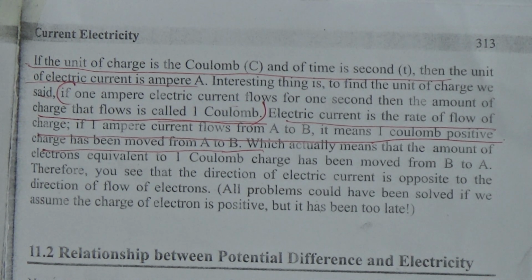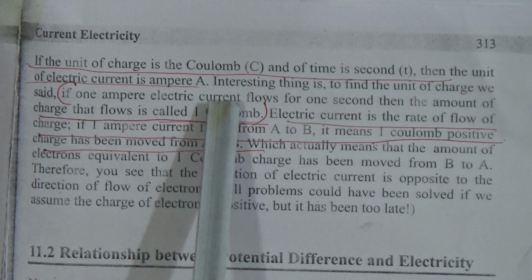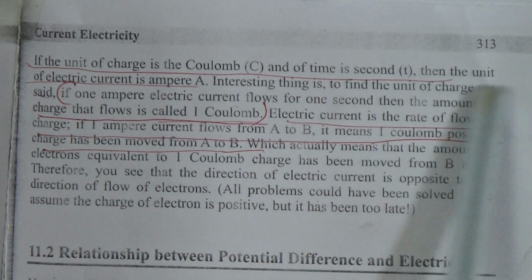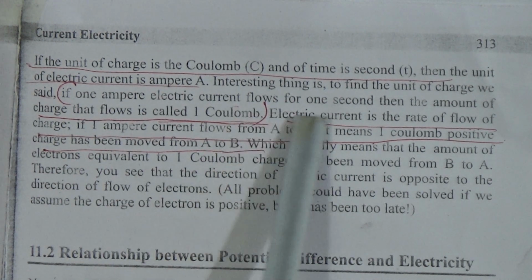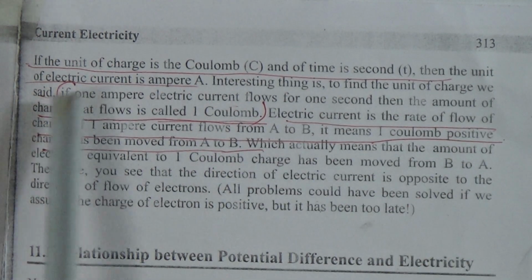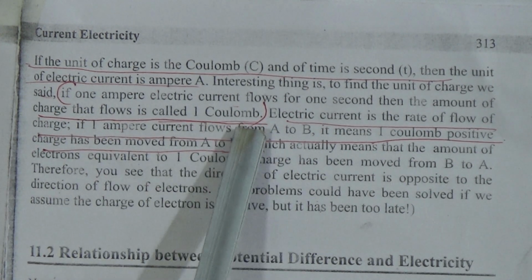The unit of charge is coulomb and the unit of time is second, so it will be coulomb per second or ampere. My dear students, the interesting thing is to find the unit of charge. We said if 1 ampere electric current flows for 1 second, then the amount of charge that flows is called 1 coulomb.